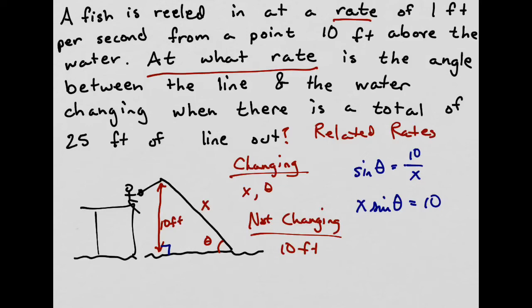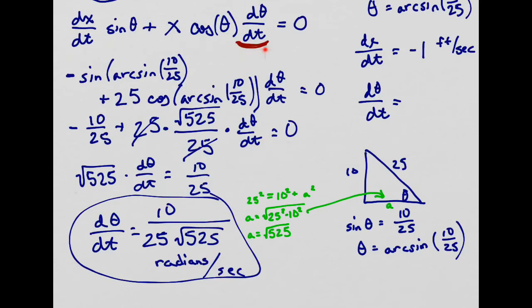And then I rewrote it in a way where I liked how it was written, though we could have kept it in this form and taken the derivative. And then we took the derivative with respect to time, solved for everything that was unknown, plugged it into the derivative we took with respect to time, and then just finished. And made sure to put in units and then messed with a little bit of extra geometry going forward.